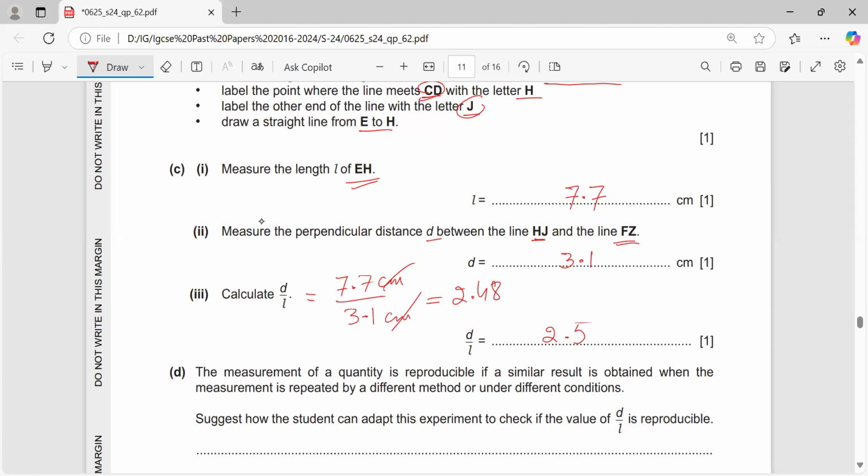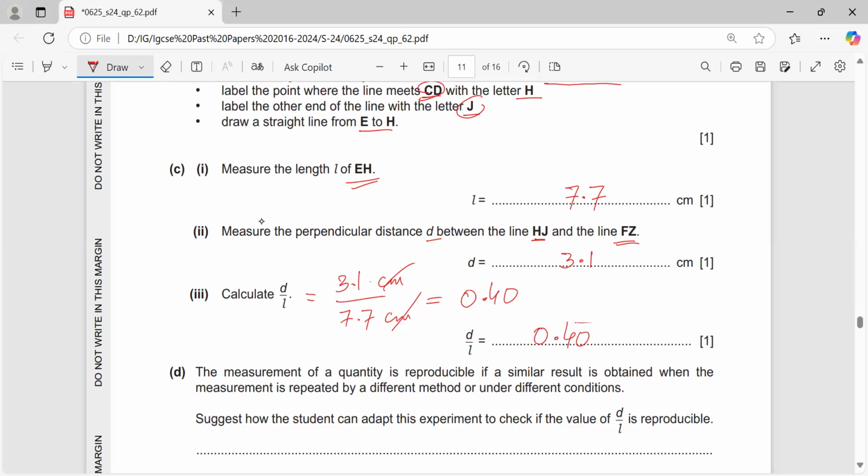Oops, nobody is telling me, sir, you are doing wrong. It is D over L, so 3.1 divided by 7.7. So it is 0.402, just 0.40, without any unit.